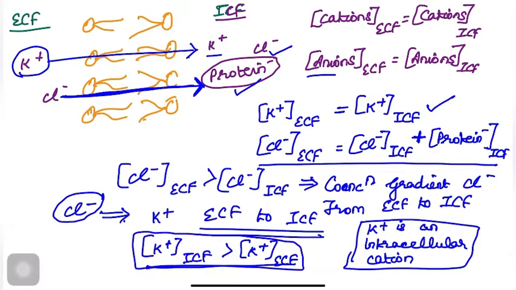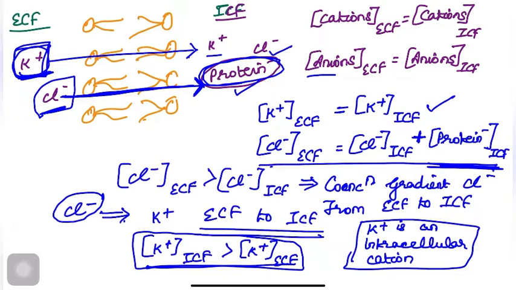So how can we relate this to our example of the Gibbs Donnan effect? Due to the presence of protein, which is a non-diffusible ion, the distribution of diffusible ions is altered or affected, right? The concentration gradient occurs, and due to it, the distribution of the permeable or diffusible ions gets affected.